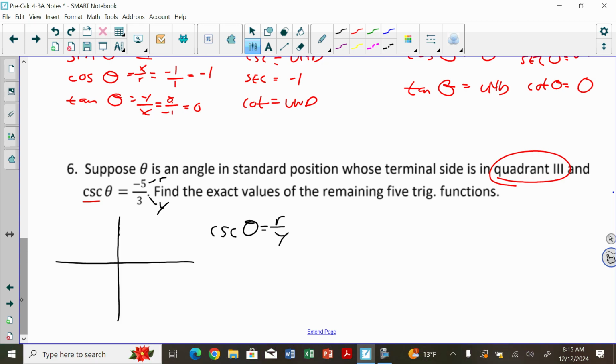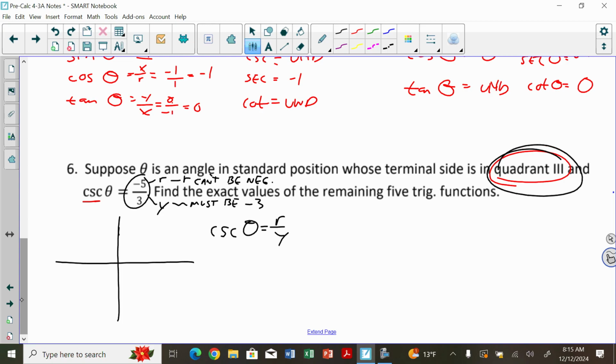But remember, r can't be negative. So even though we have a fraction here that's negative, that means y must be a negative 3. Remember, we can write the negative either way we want.